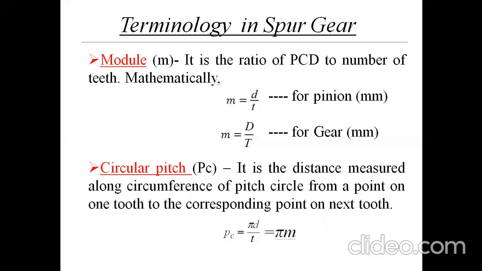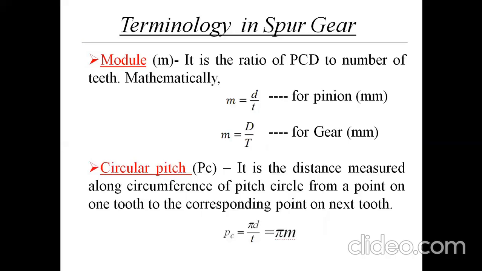If the value of module is different for the gear and pinion, the teeth won't mesh and power will not transmit. So this is an important parameter for the design stage.